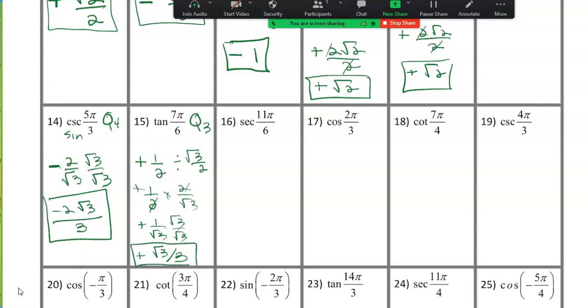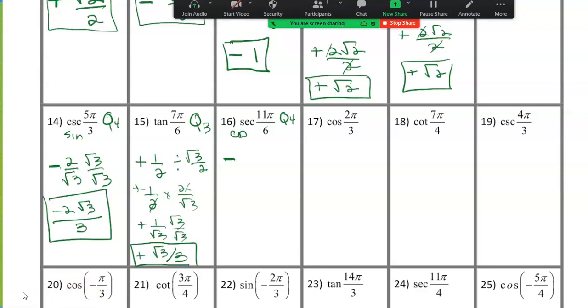Secant of 11 pi over 6. 11 pi over 6 is in the fourth quadrant, and in the fourth quadrant, cosine, which is the partner function to secant, is negative. So give yourself a negative. Okay, so let me think about this for a second. Off my head.